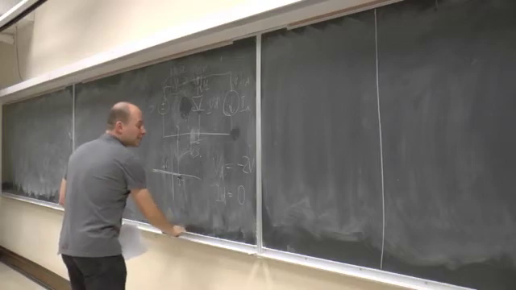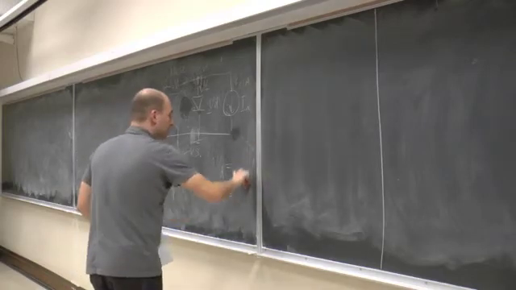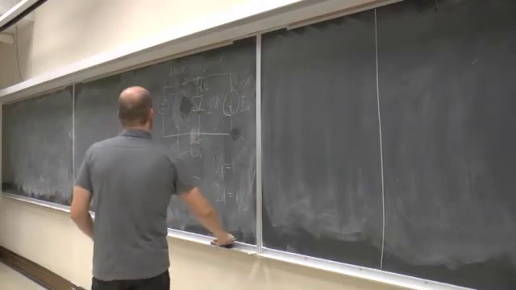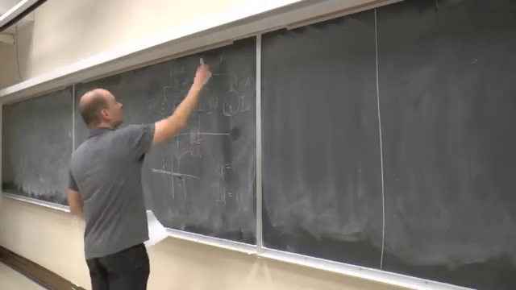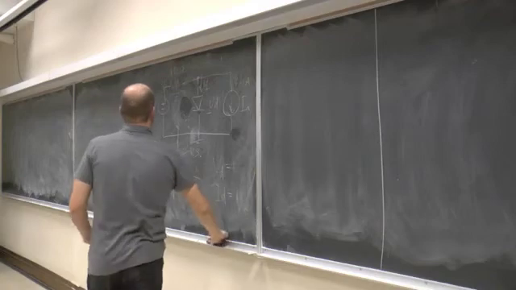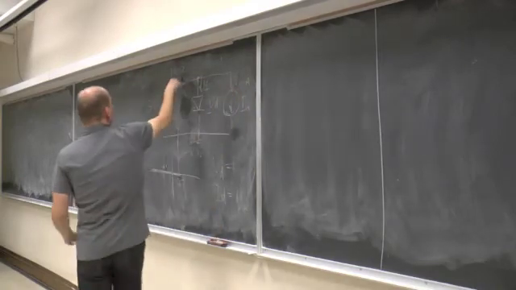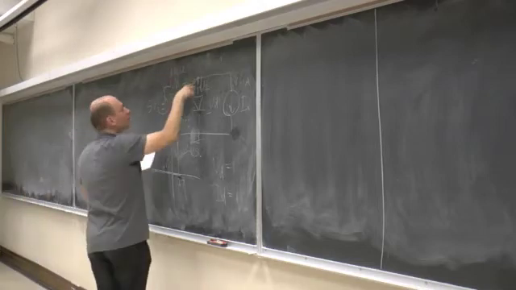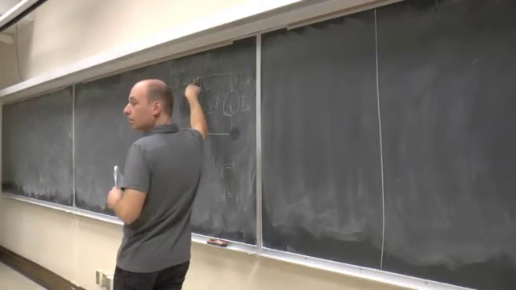Let's start with the same assumption. Let's say the diode is an open circuit. What is the voltage drop across the resistor? 4 volts. What is the voltage here? 1.